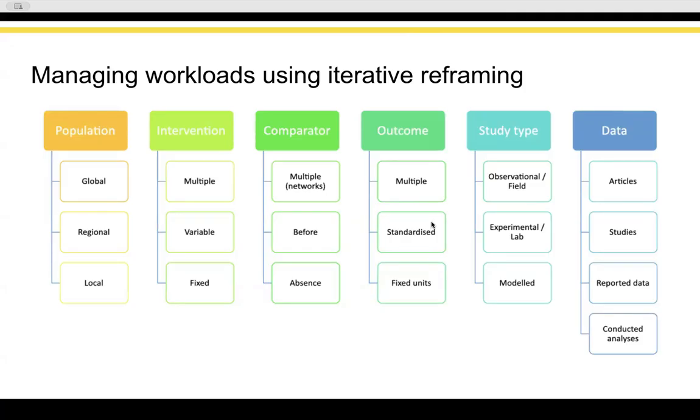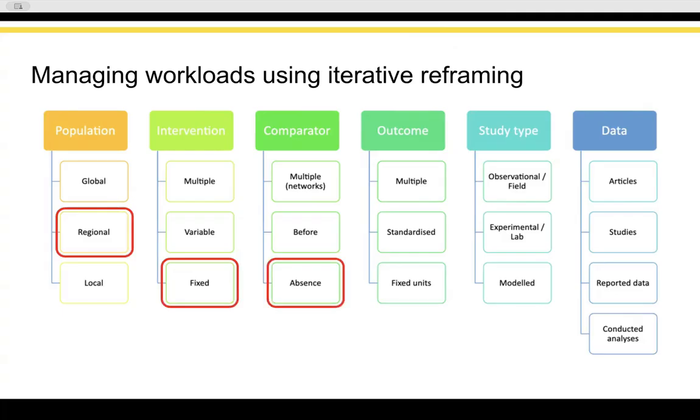And so this is just another schematic to show how we can manage the workload to make sure our question maps onto something that's feasible by using what I refer to here as iterative reframing. So we might have our ideal scenario where we're looking at a regional population, a specific intervention, the presence absence as a comparator, a single outcome, but using different units, just experimental studies.